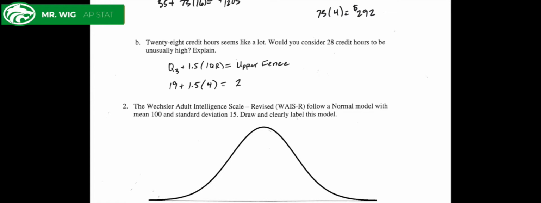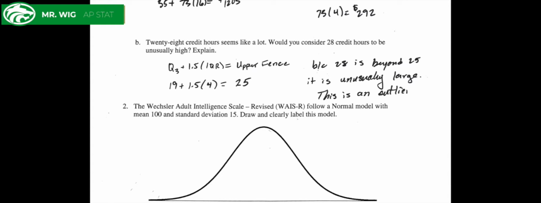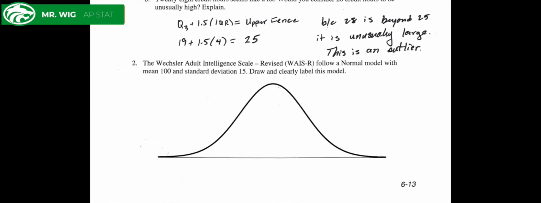And it turns out that I believe that's around 25, right? And so because 28 is beyond 25, we can say that that's an unusually large number of credit hours, right? We would consider this as an outlier, right? An outlier.